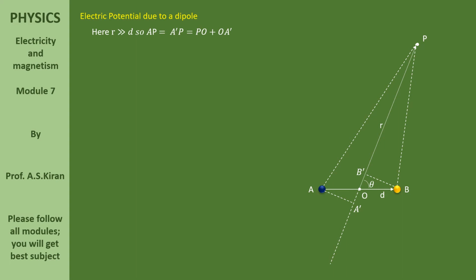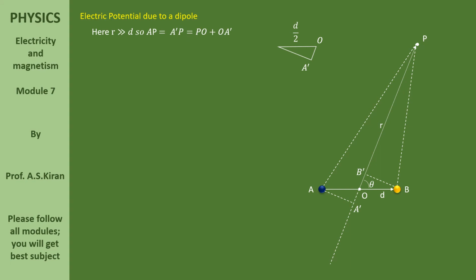Here, this side is d by 2, half of d. There is point O, there is point A dash, and at O the angle is theta.